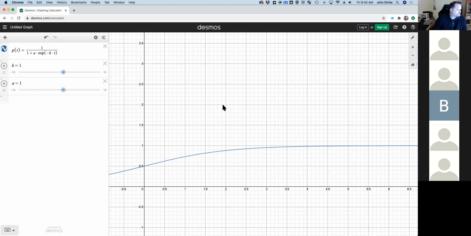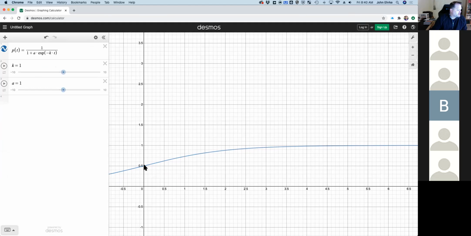So here is this function. You can see that when k is 1 and a is 1, it starts at 0.5 and goes up over time. You can see that as I change a, we get either a steeper or less steep approach to 1. And as I change k, that either steepens or flattens out the curve.